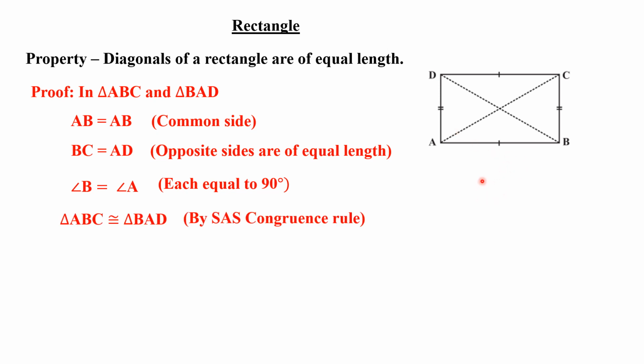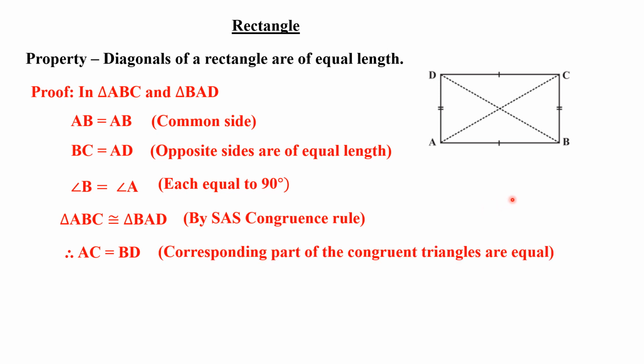And the congruency criterion will be SAS, side, angle, side. When I prove these two triangles are congruent, then we can say that their corresponding parts will also be equal. So AC will be equal to BD, and the reason will be corresponding parts of congruent triangles are equal.